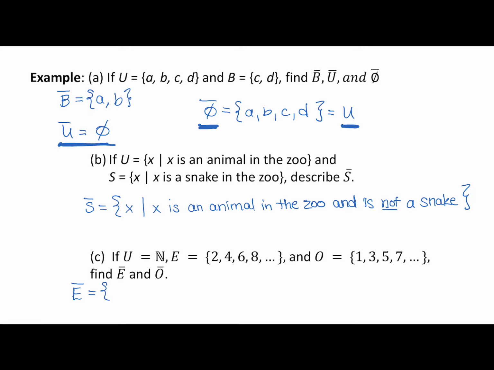That's exactly the set of odds, 1, 3, 5, 7, and so on. That's just O. Similarly, if I look at O complement, I'm thinking about not O, or the not odd numbers. If you're not odd, then you must be even. So that's going to have 2, 4, 6, 8, and so on. That's exactly my set E, not with a bar.